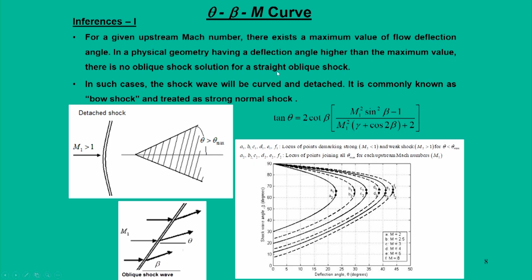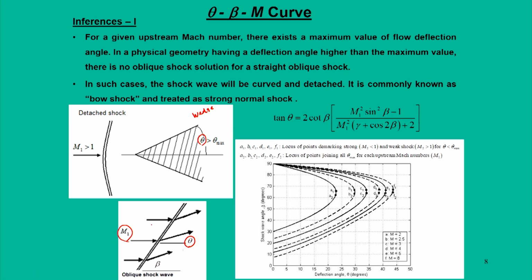Which means that, in a particular physical geometry, let us take the case of a wedge in which a supersonic flow is encountering the wedge. This wedge has some angle theta, and for this theta and this Mach number, we have an upper limit which is called theta max.